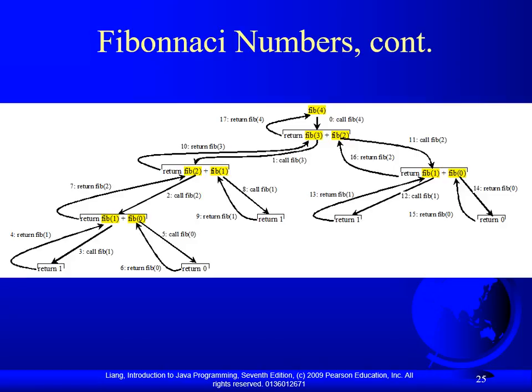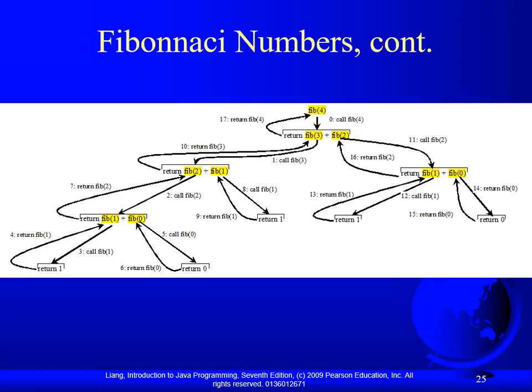And here's how things go with fib 4. Now, when you start working out fib 4, a call to fib 4 will result in a call to the recursive part that expands fib 4 into fib 3 plus fib 2, right?